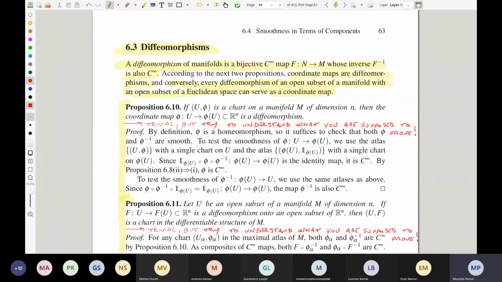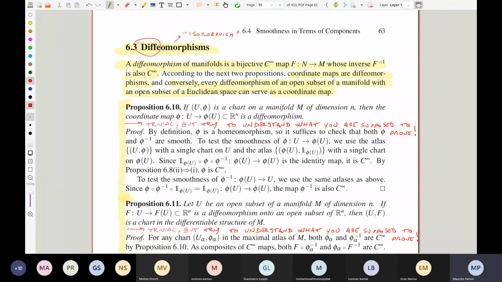And when a map is smooth and it is also a bijection and also the inverse is smooth, then we will say that map is a diffeomorphism. Diffeo means differentiable, just like homeomorphism means a continuous map with the inverse also continuous. This is the general notion of isomorphism, the isomorphism in the category of C-infinity manifolds, if you think about it.